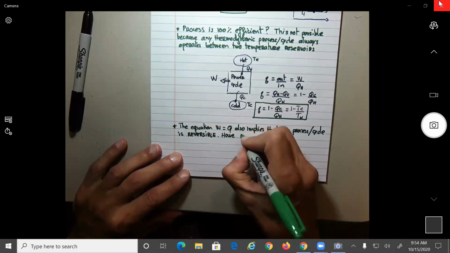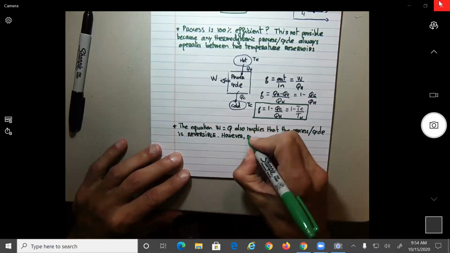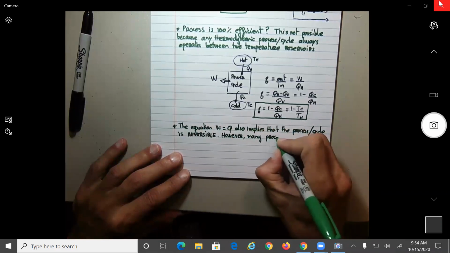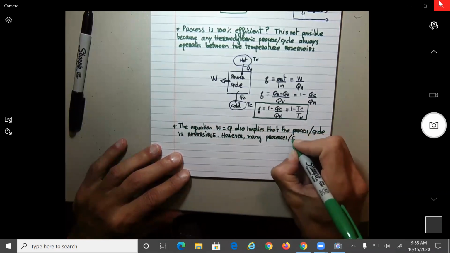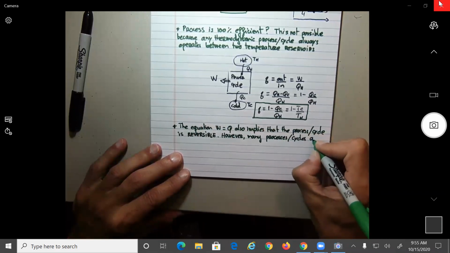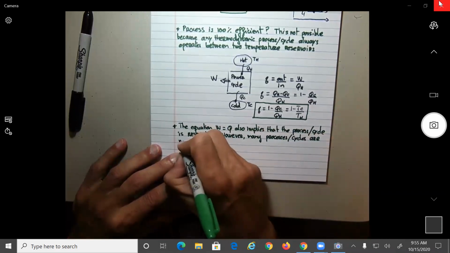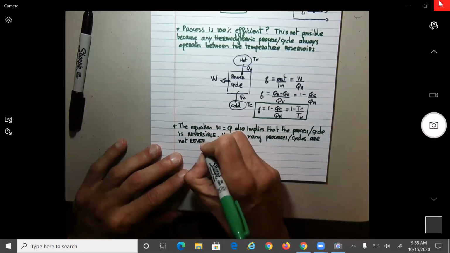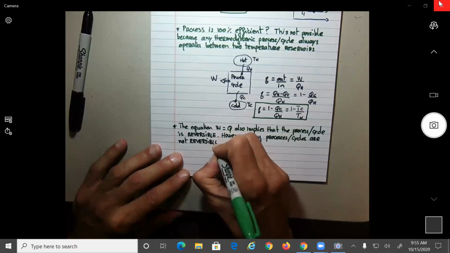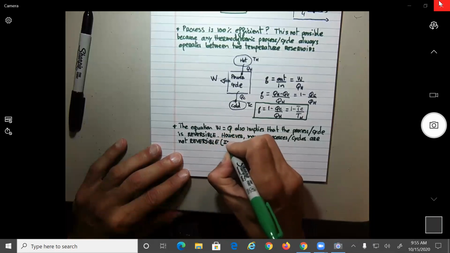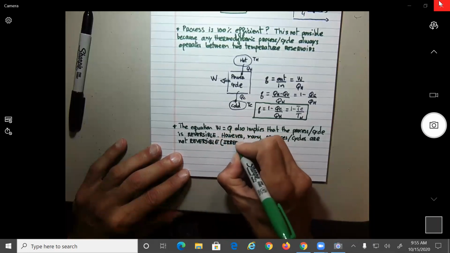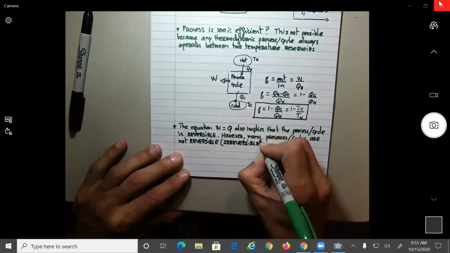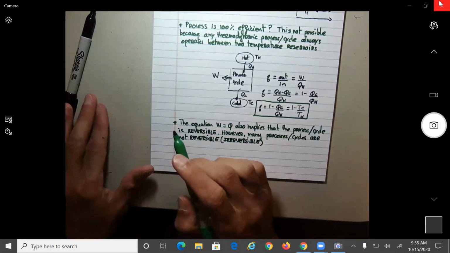However, many processes/cycles are not reversible. Those are the ones I call irreversible.